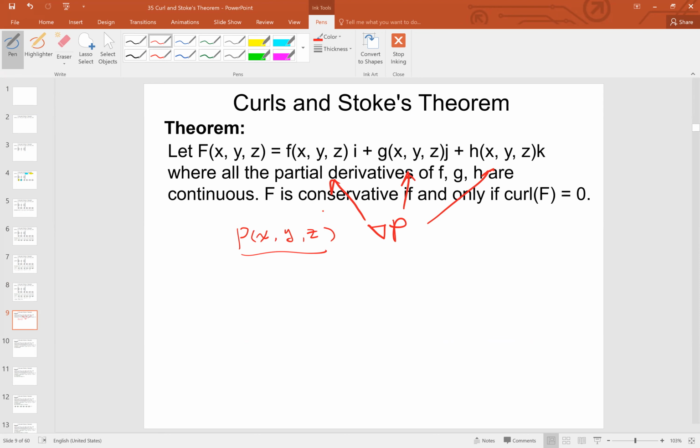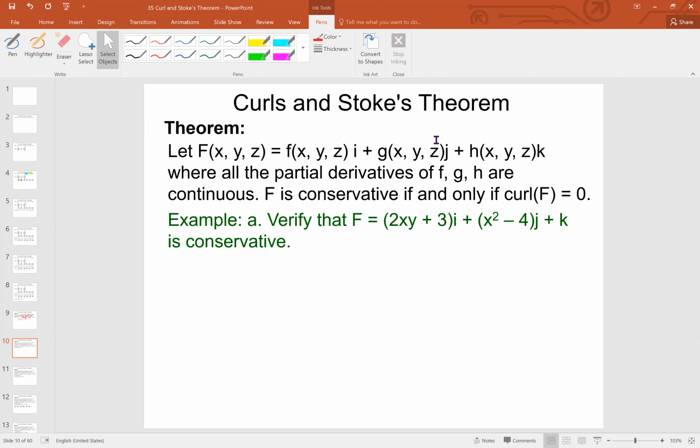In other words, when I take the partial with respect to x, I get precisely f. When I take the partial with respect to y, I get the j component. When I take the partial with respect to z, I get the k component.